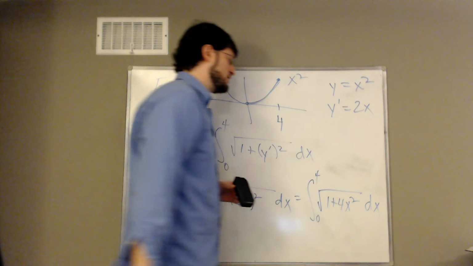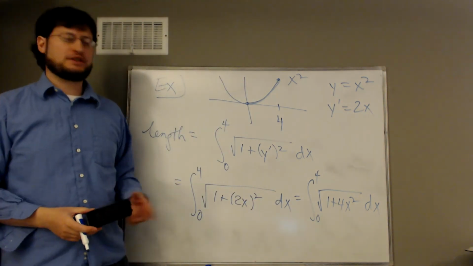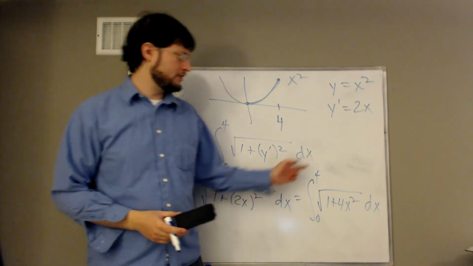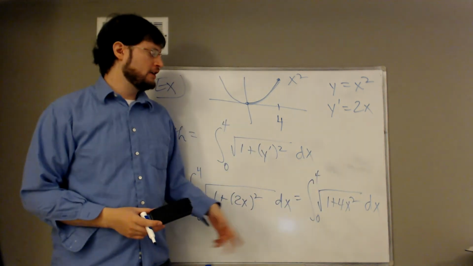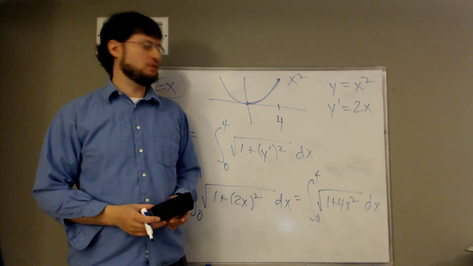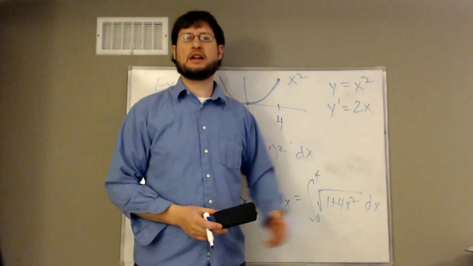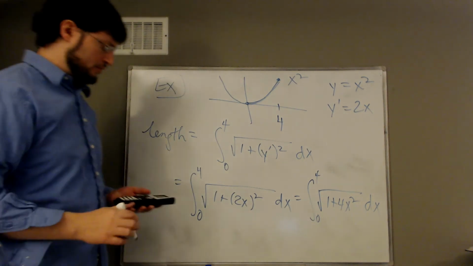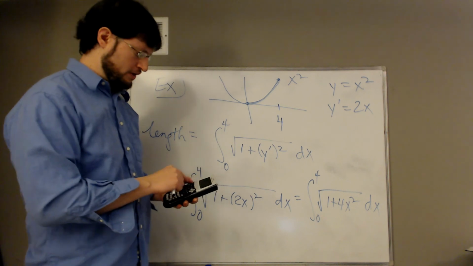Now this one is actually a tricky antiderivative. If you remember on the exam, this is something that we'd actually have to apply using a table of integrals, and we would get a rather complicated antiderivative. At this point, let's just use our calculators and use the numerical integration technique.